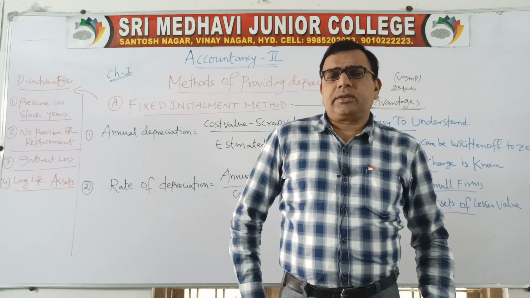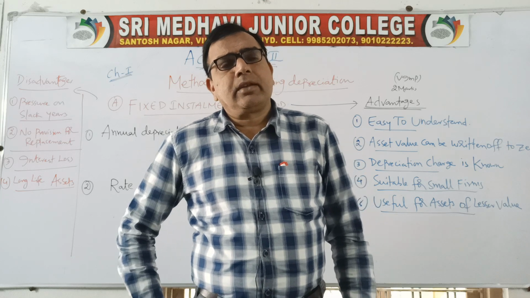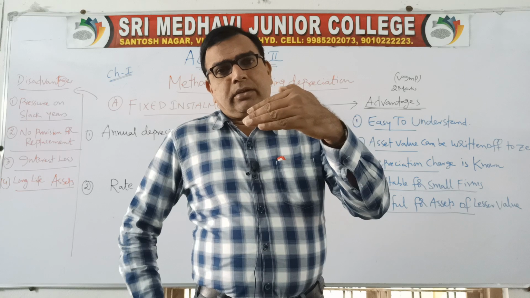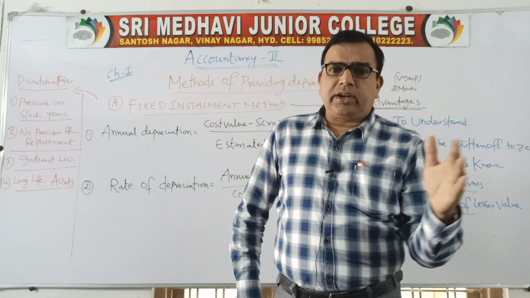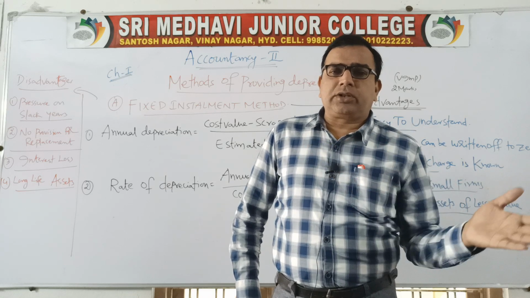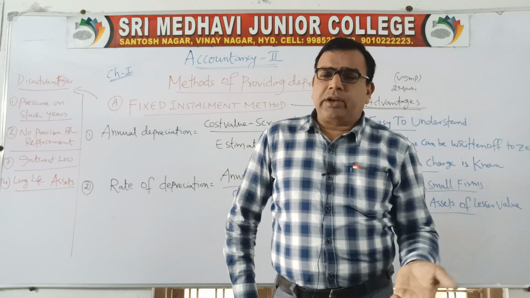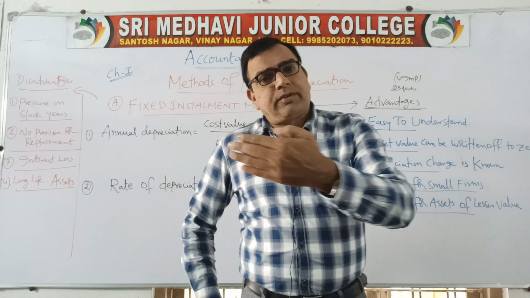Various causes of depreciation we have learnt. And now it is clear that for every asset, whether due to wear and tear, accidents, obsolescence, reflection of time, or depletion, the asset value will decrease.